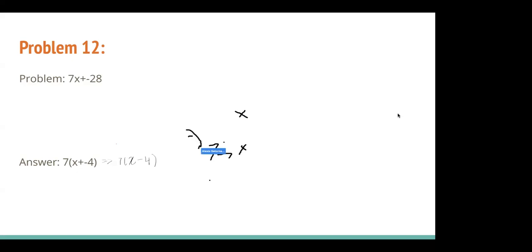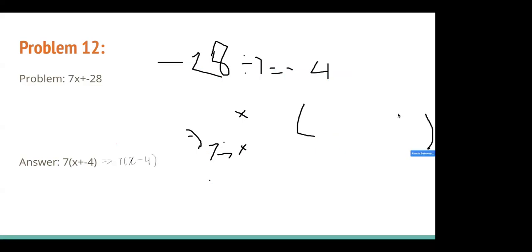Then the greatest common factor here is 7. So I will do negative 28 divided by 7, which equals negative 4. Then I bring my answer into parentheses, and bring the factored 7 outside of the parentheses.